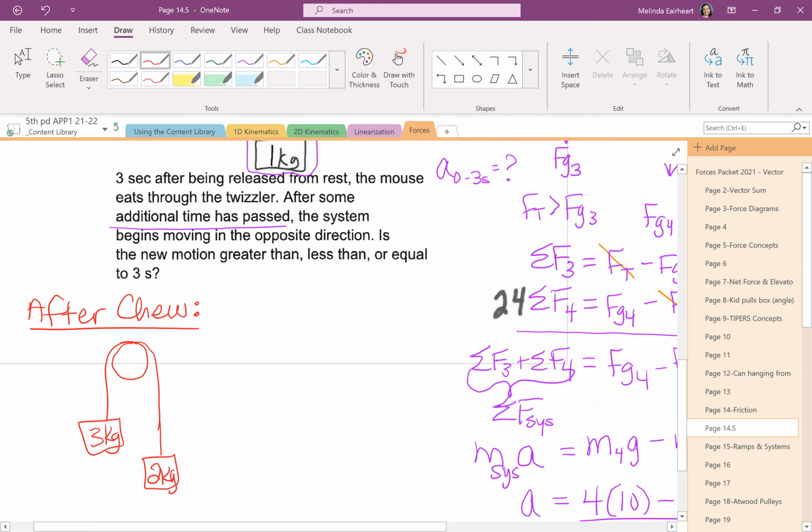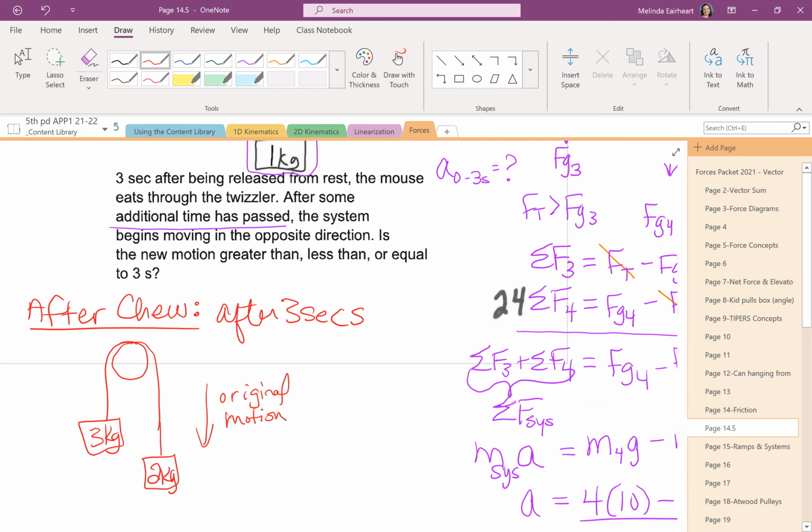Now, at that moment, so this is after 3 seconds, right? Remember, it was moving down on the right. Original motion was down on the right, up on the left. Well, now look at the difference in mass. Now, who's going to try to win?